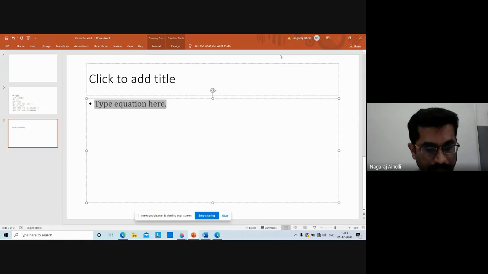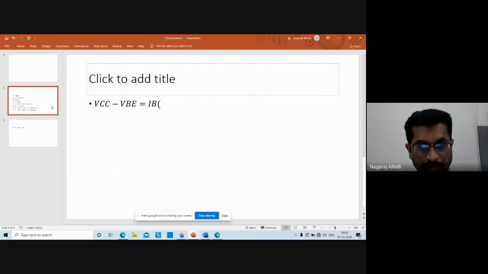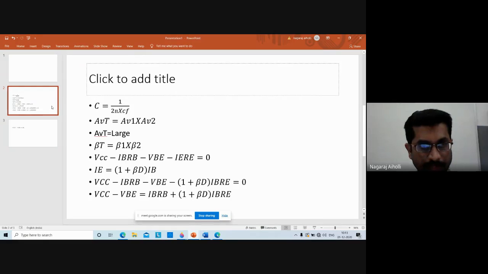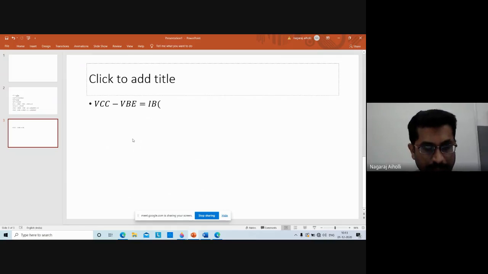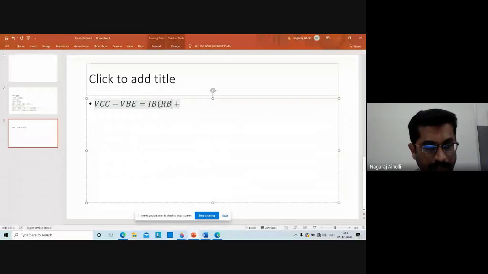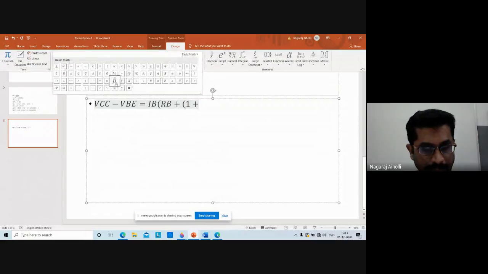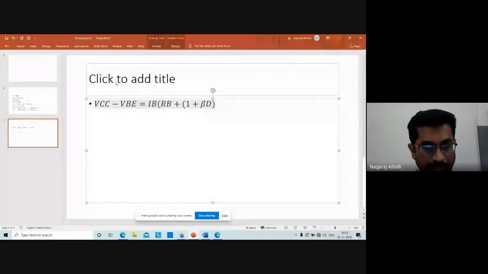That is VCC minus VBE is equal to IB, the base current, into RB plus 1 plus beta D into RE.